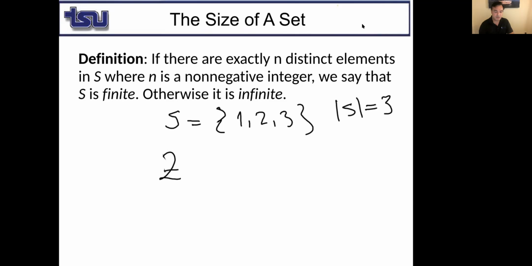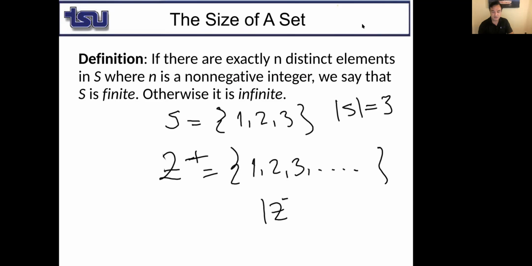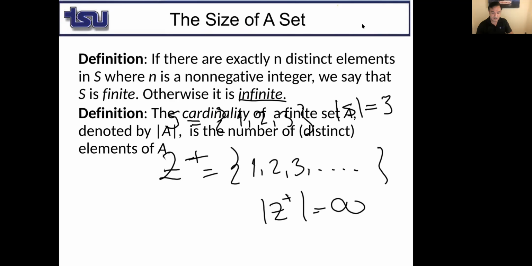How about Z plus? 1, 2, 3, all the way to infinity. There are infinitely many positive integers, so the set of positive integers has size infinite.